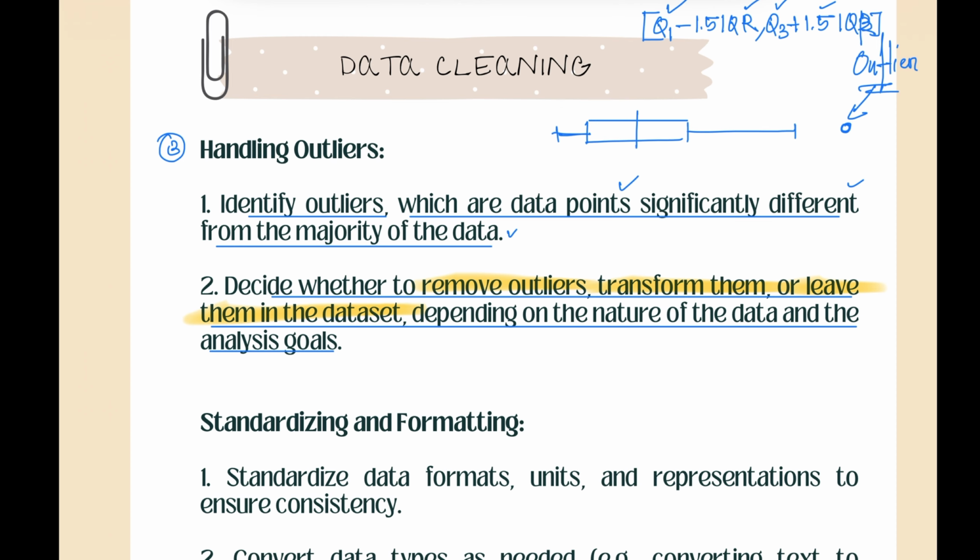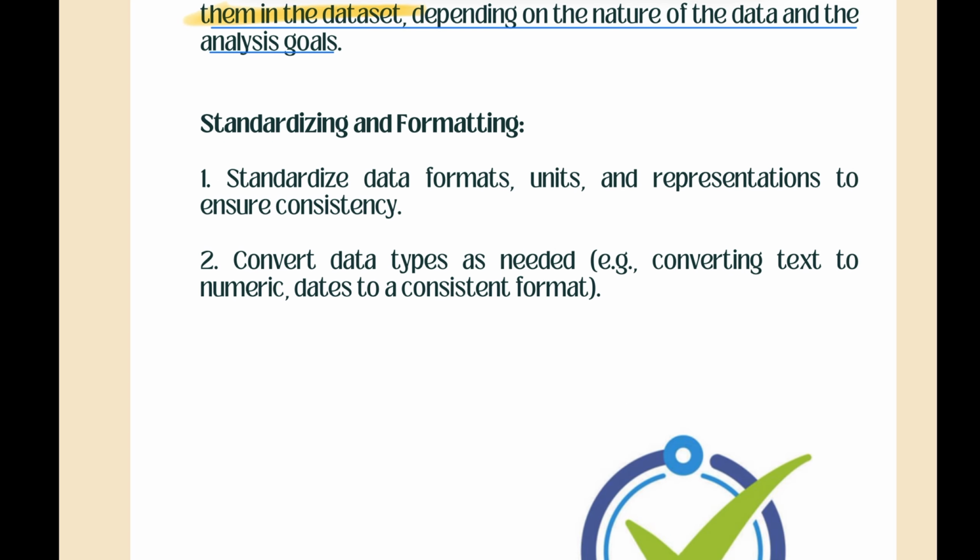Leave them as they are. The fourth point in the data inspection is standardizing and formatting. Standardize the data formats, units, and representations to ensure consistency. Convert data types as needed.